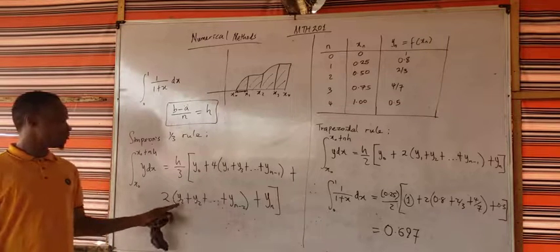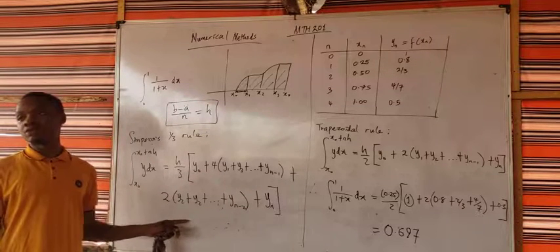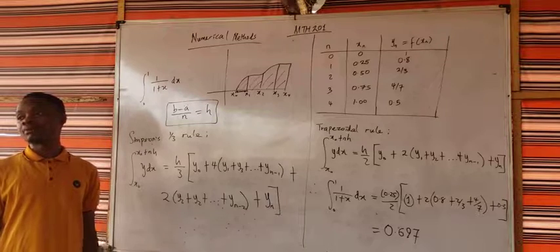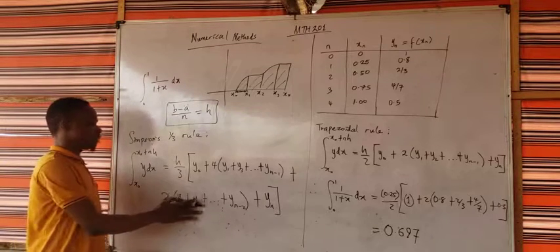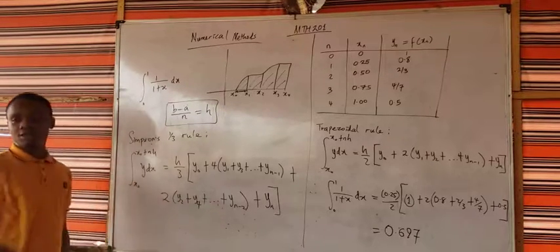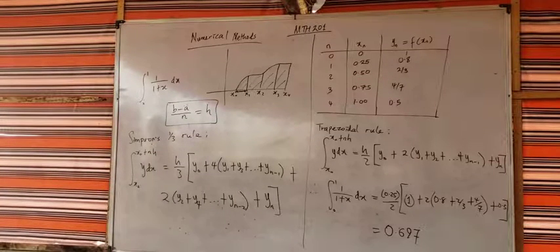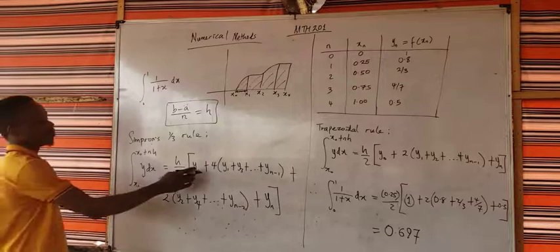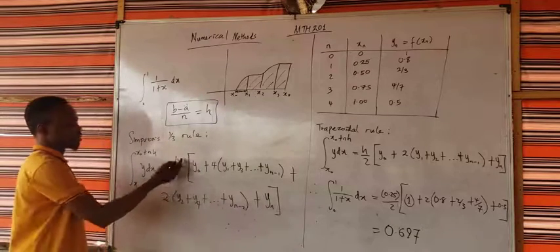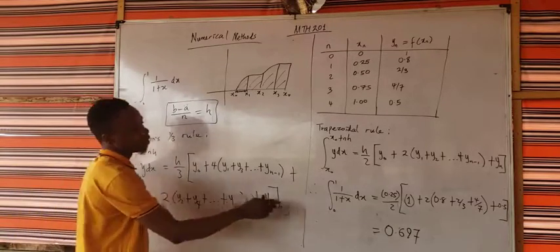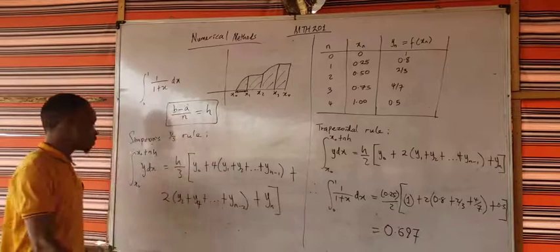And the ones that have even subscripts, you multiply them by 2, like y2, y4. Then you separate out the first and the last. Now notice that this is h/3. The other one was h/2. So notice the differences there.